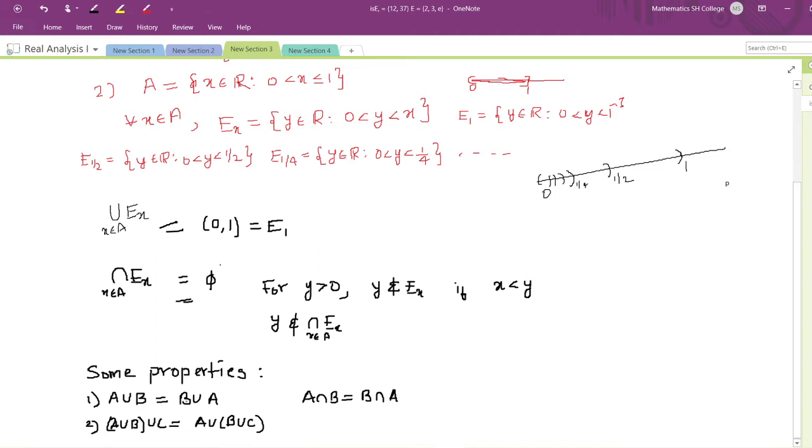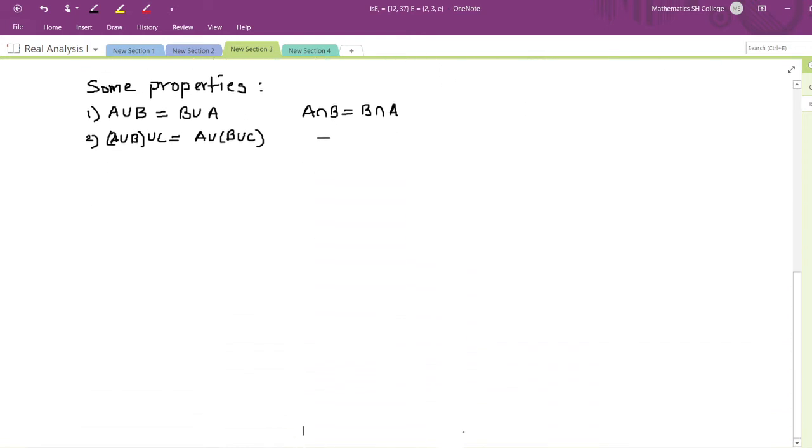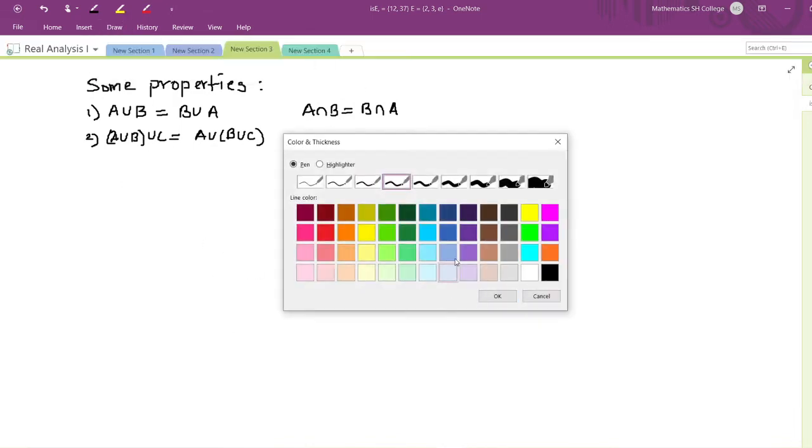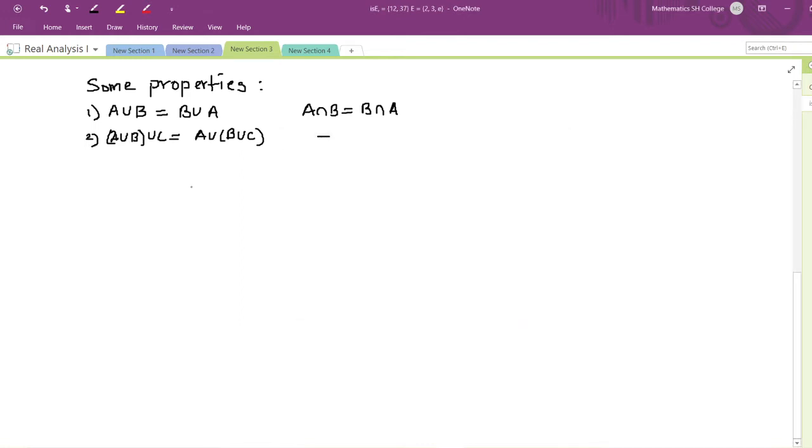To prove two sets A and B are equal, you have to prove that A is a subset of B and B is a subset of A. So take an element from A and show that it is in B. In the same way you have to write it for intersection also.